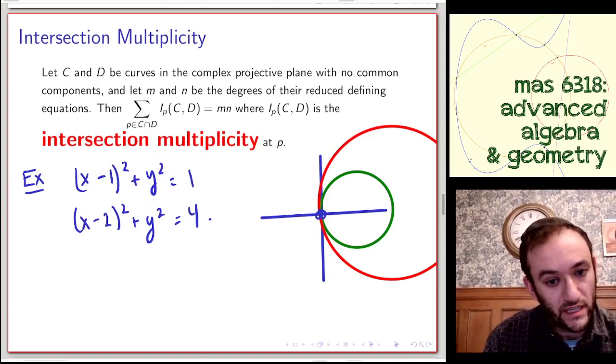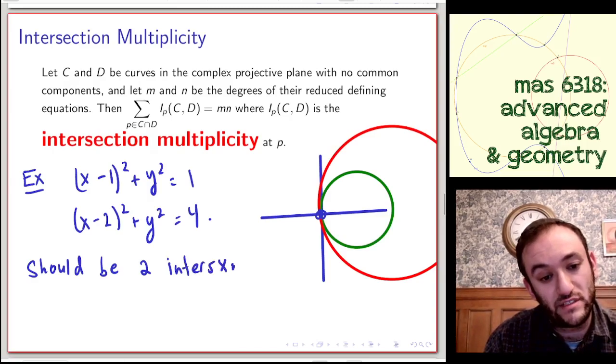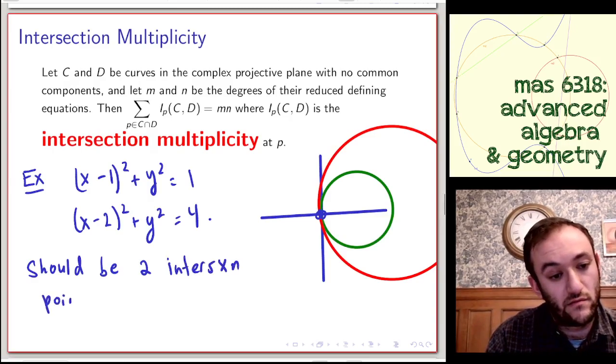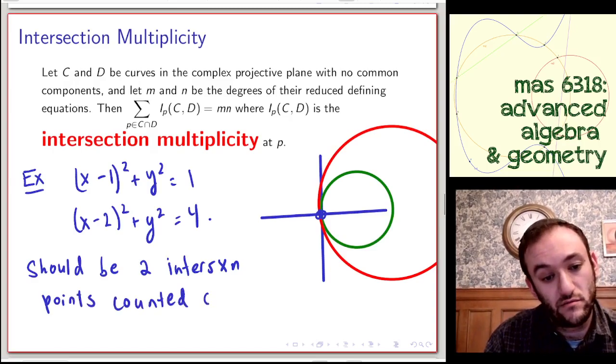So really, there should be two intersection points counted at the origin due to tangency.